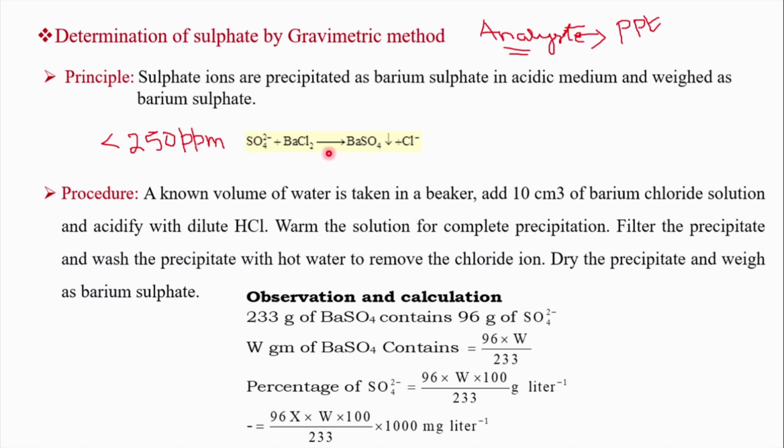When treated with barium chloride in acidic medium at its boiling temperature, all the sulfate ions get precipitated as barium sulfate, and by taking the weight of the barium sulfate, it is possible to quantify the sulfate ions present in a water sample.